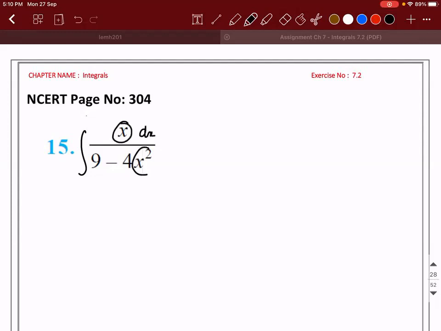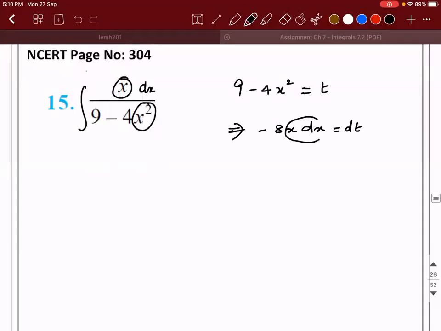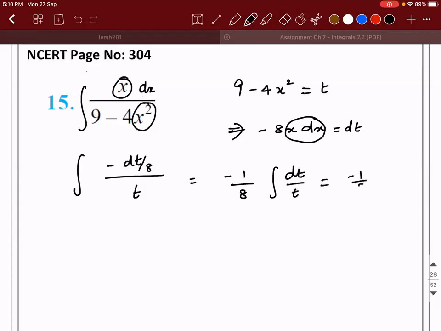Here it is x dx, you have x square. So the derivative of x square is 2x, like you will get the x, right? So we will put 9 minus 4x square as t, so that minus 8x dx will be dt. So x dx will be equal to minus dt divided by 8. Minus dt divided by 8 divided by t. So minus 1 by 8 into integral of dt by t will give you the answer. Minus 1 by 8 into log t.